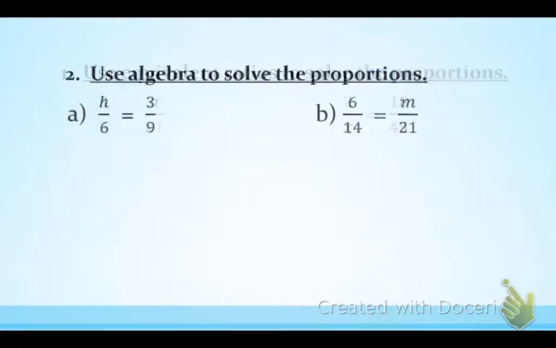The next one I want you to do, write this down, use algebra to solve the proportions. So we've learned 3 different ways of how to solve proportions. This one, go ahead and circle it in red so you understand this is how to do algebra. The goal whenever we have algebra is to get what by itself?